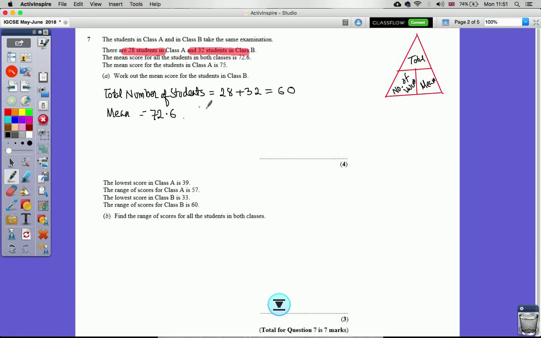The total score of the 60 students would be 60 times 72.6, which is 4,356.